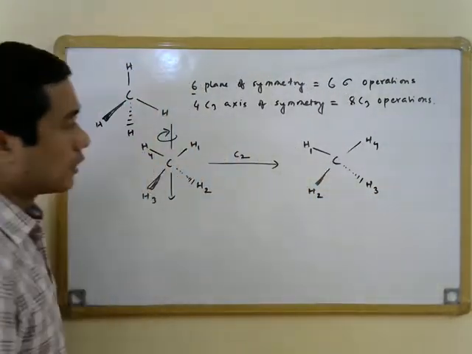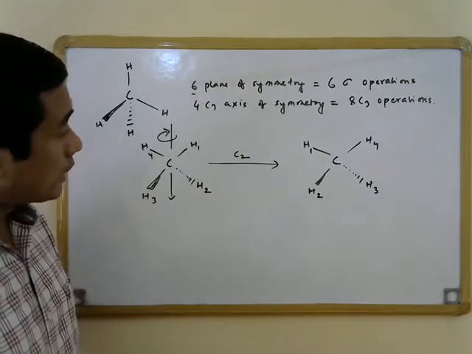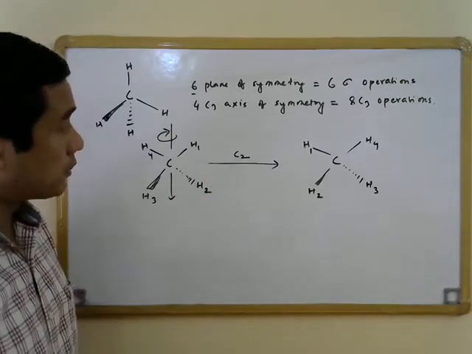So we arrive at an indistinguishable configuration, and that is why we have performed a symmetry operation, a C2 operation, in this case.